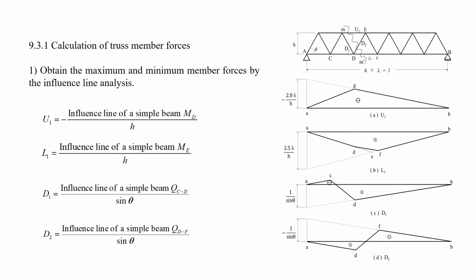An example of this influence line analysis is shown with this Warren truss bridge. The influence lines of the upper chord U1, the lower chord L1, the diagonals D1 and D2 are obtained by these equations and shown here.